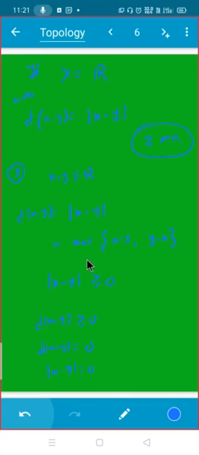Because I am taking the maximum, this will be possible only if x is equal to y. And I can go back: if x is equal to y, mod of x minus y is 0. Since it was if and only if, that's why I am doing this. Is that clear to you, everyone?